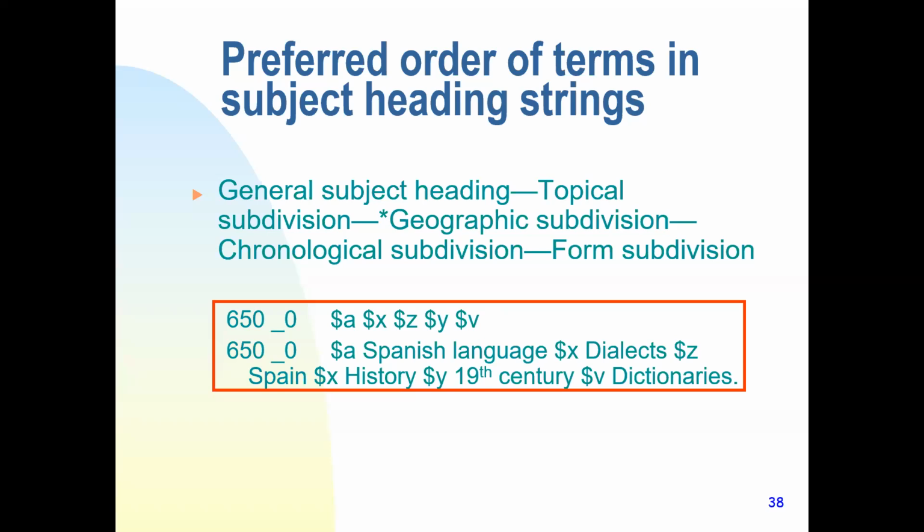So you have to look at the authority record and decide whether you're allowed to subdivide in that spot.